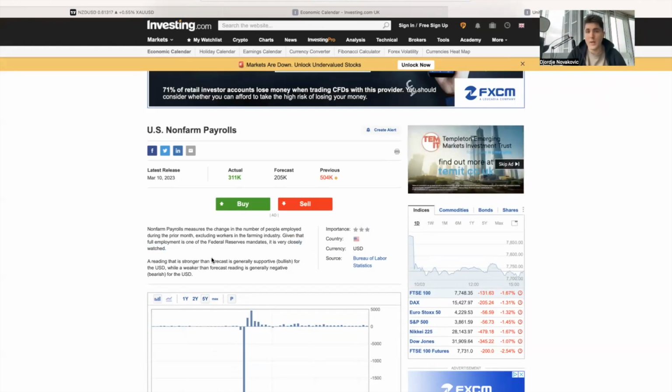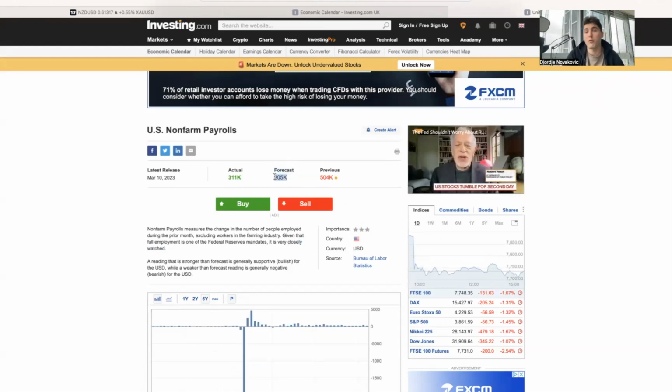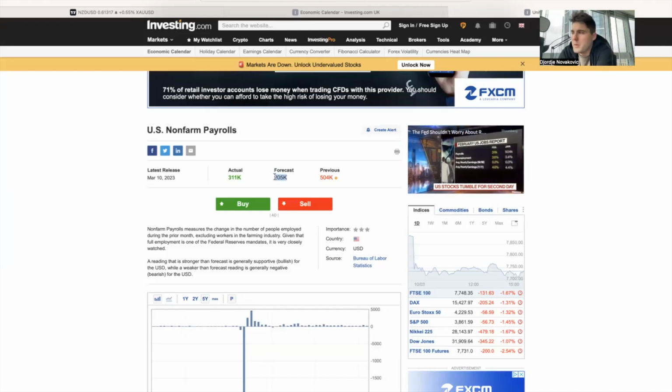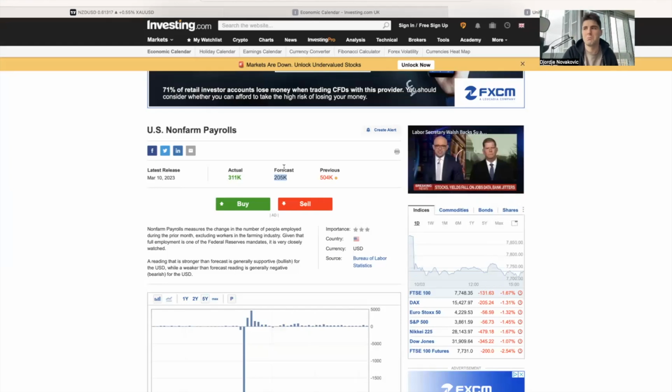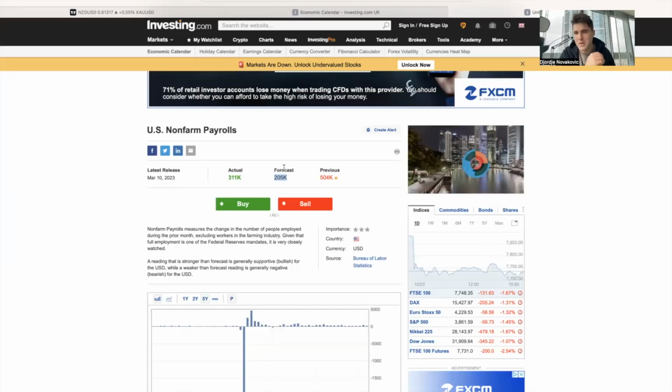Every time we have a forecast, it tells us what the economy currently expects: 205,000 jobs created for NFP. Then if the actual is close to the forecast, it means their guess is right and everything is okay with the economy.